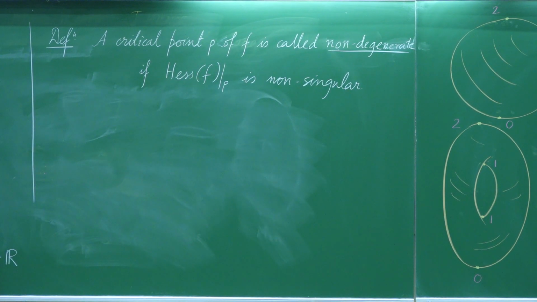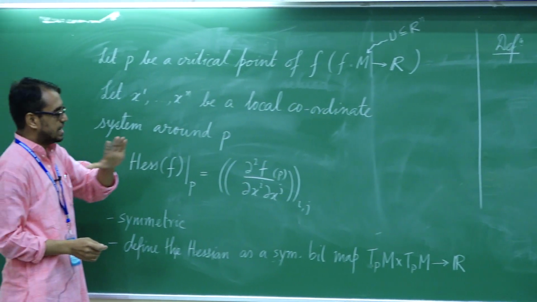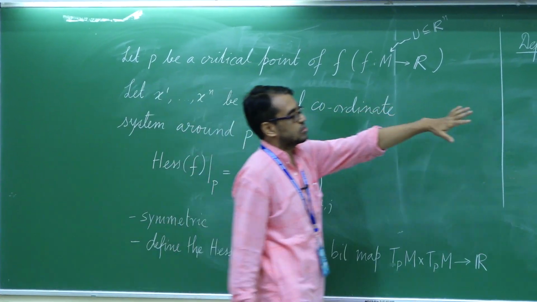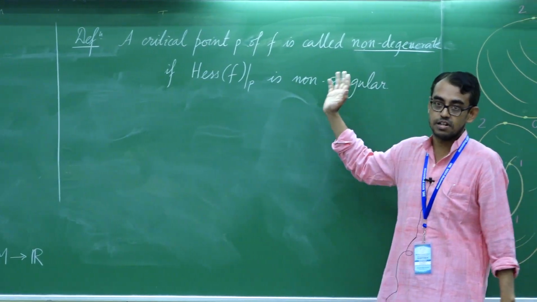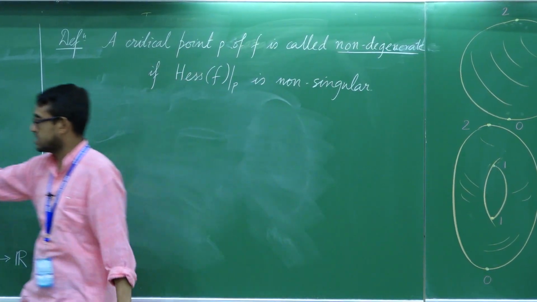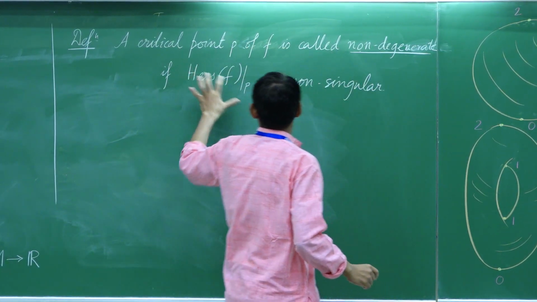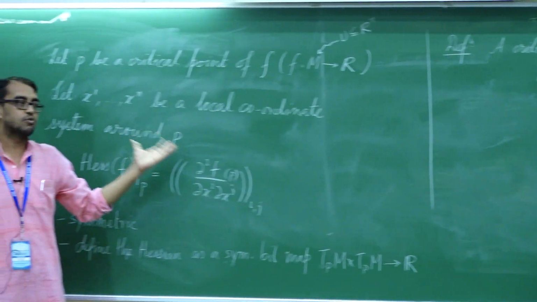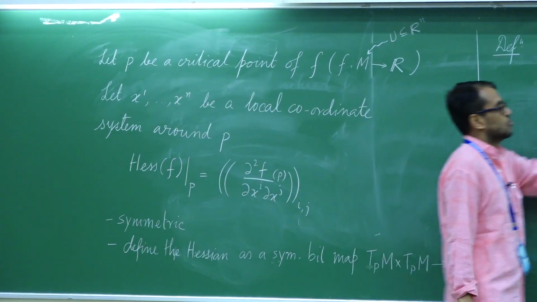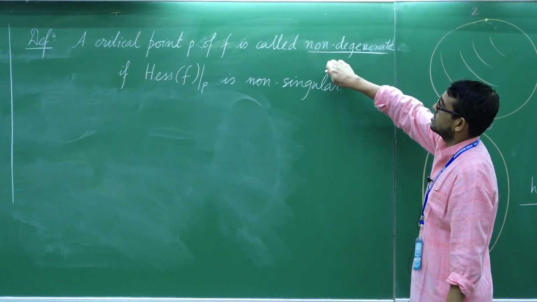So for those who are seeing this for the first time, it's a good exercise in change of variables to check that being non-singular is a well-defined thing. I'm not claiming that the matrix has the same determinant or that the matrix is the same, they'll obviously not. You can scale coordinates and things. But this being invertible with respect to some coordinate system means this will be invertible with respect to any coordinate system. So that's what we mean by a non-degenerate critical point.